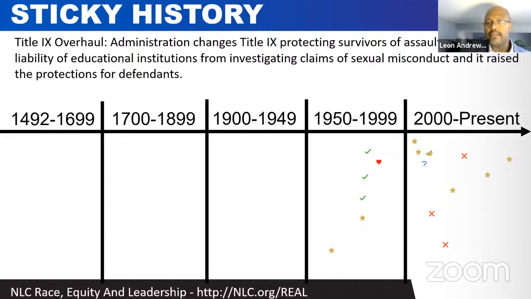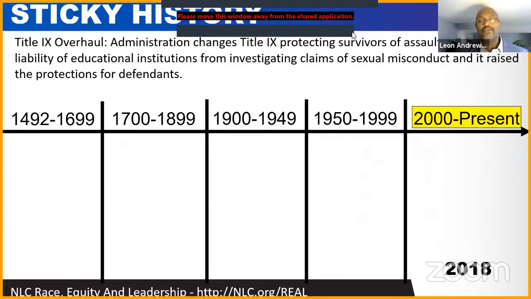Okay, again, kind of between two time periods. Looks like the majority are saying 2000 to present, which is correct. It was actually just a couple of years ago, 2018, that the overhaul of Title IX happened. So again, something that's happening more recently in our history, but things we may or may not have been paying attention to.